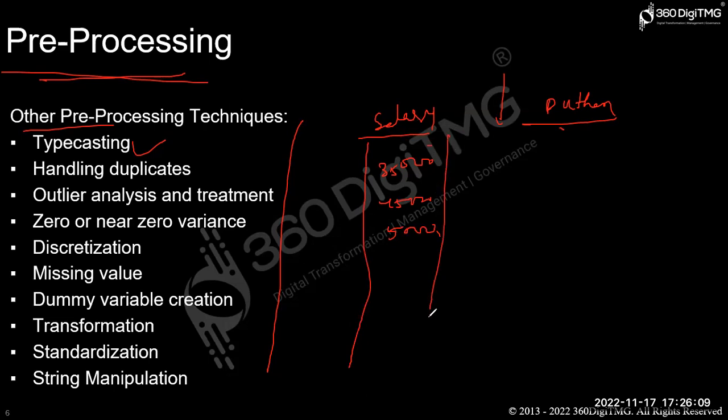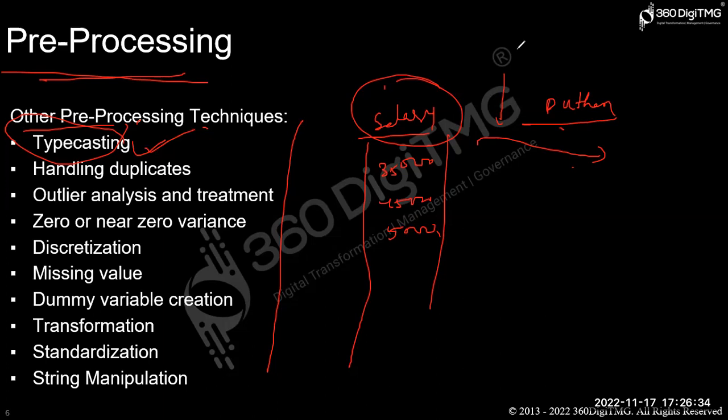But I want to represent the salary in the decimal form. In that case, we can use typecasting. Typecasting means converting one data type to another.